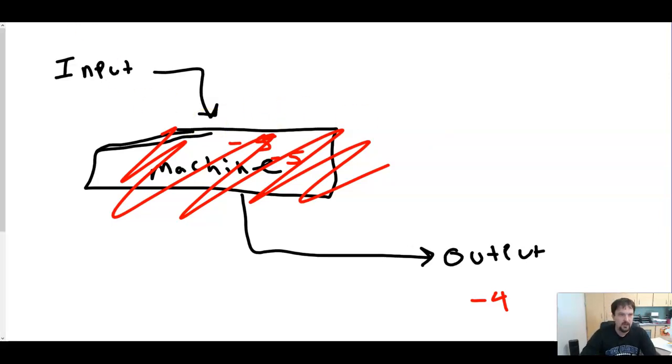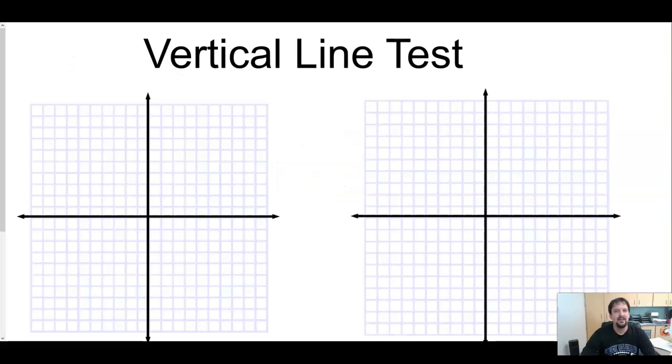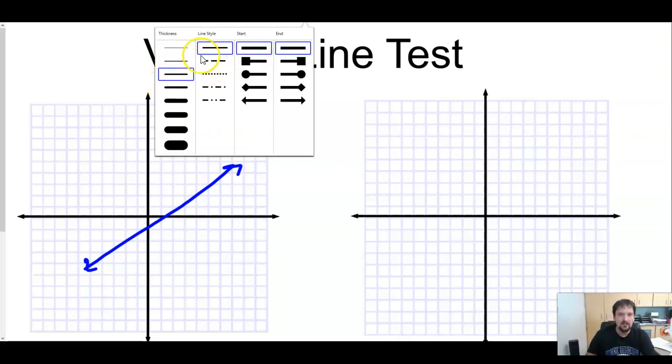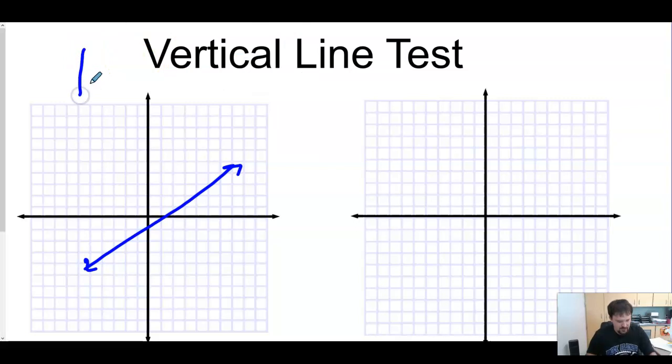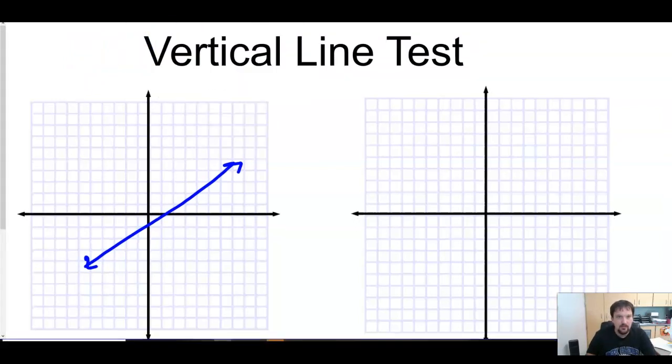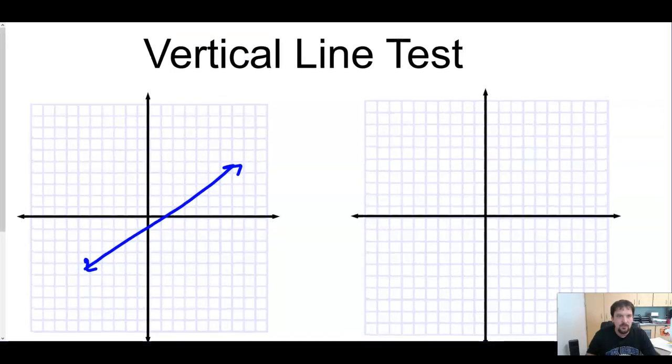X's cannot repeat. Okay. There's also something called the vertical line test if all we have is a graph. So if I have a line that looks like this, let's say I take a vertical line. Okay, here we have a line.